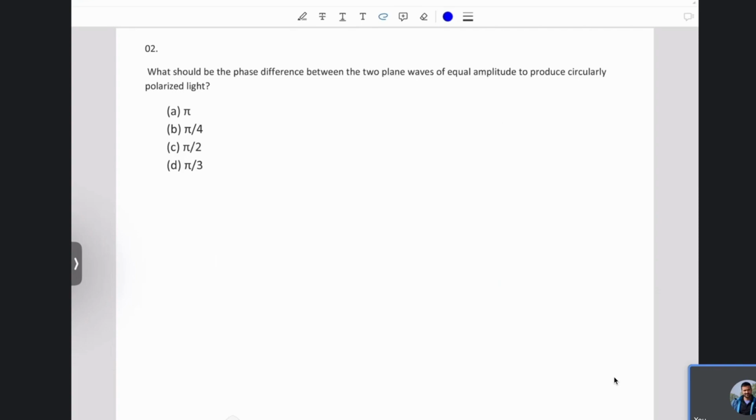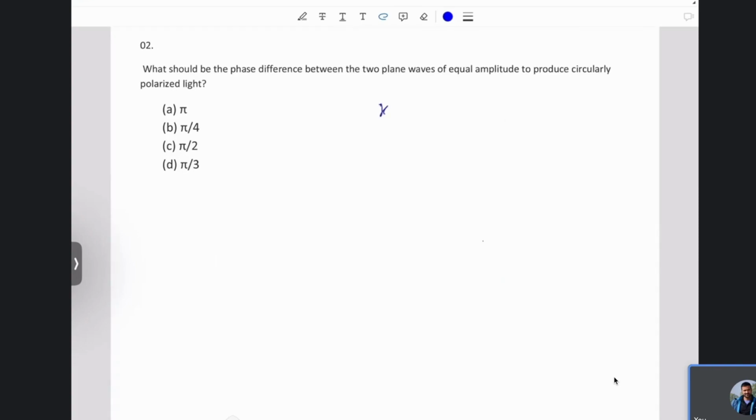So if you have two plane waves, suppose like this, and y is sine, and some angle phase difference is there.